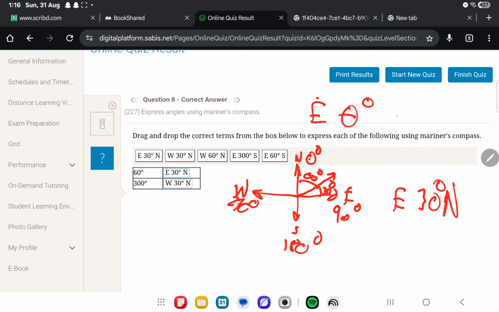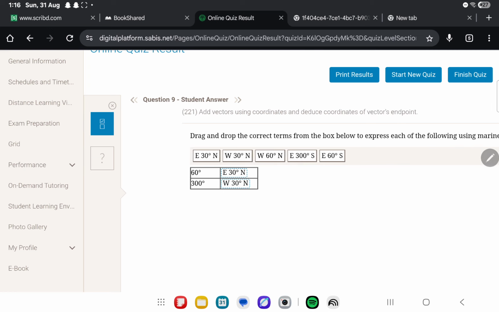For example, north. That would mean I start at the east point and then go up, because north is up, by theta degrees. That's basically the notation. Now for 300, 270 is here, so 300 is somewhere here, 30 degrees here, which would mean I'm going to go west 30 degrees north. Moving on.